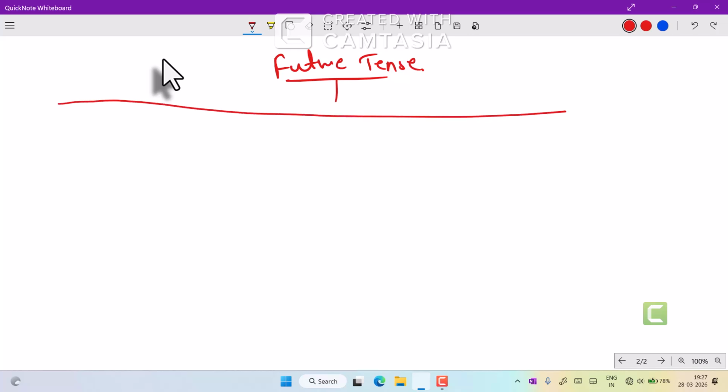Now future tense. In this, we have again only two. Simple future.